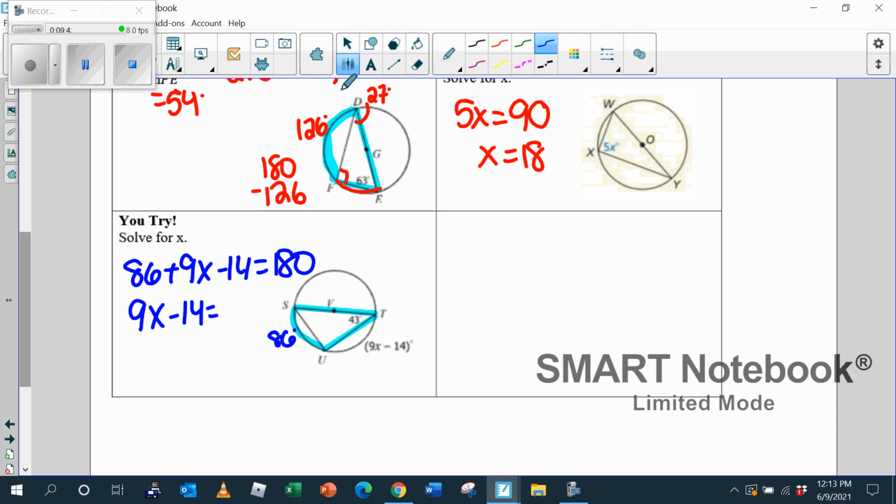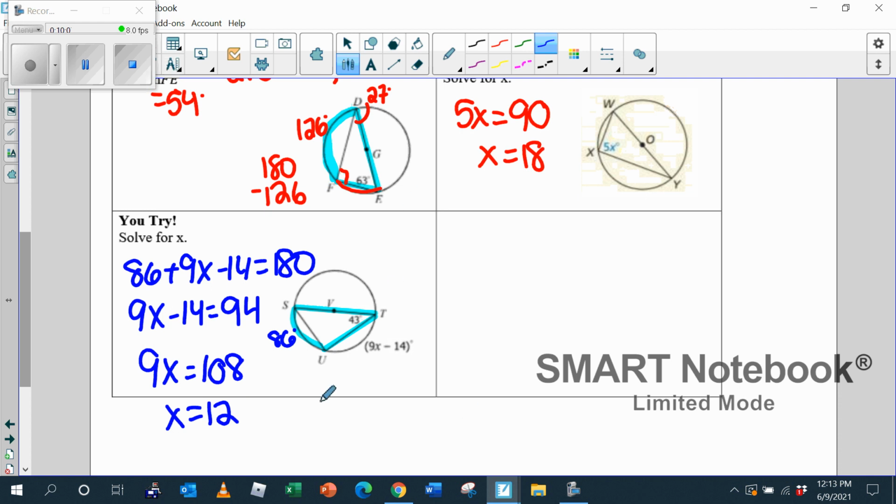Equals 104, sorry. So 9x now equals 118, because I'm going to add 14 to both sides. And you divide to get x equals 12.